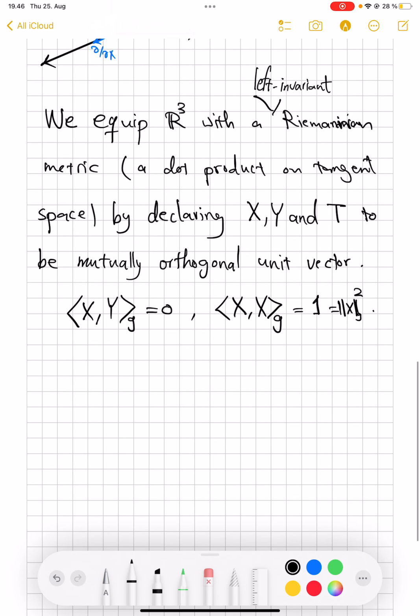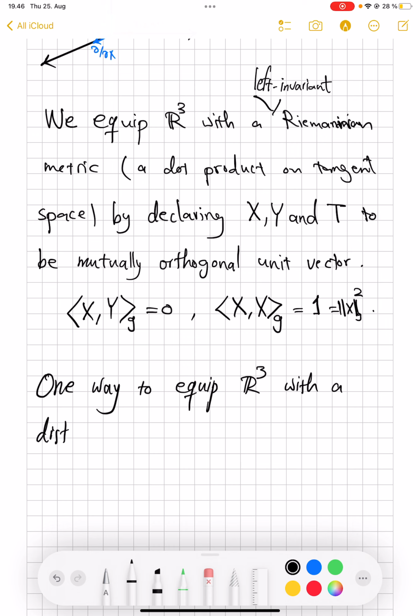Okay, so once you have a Riemannian metric, you can give a distance function. One way to equip R3 with a metric, with a distance function. So here metric is in the sense of a metric space. I have talked about this double meaning for the word metric. So here g is a Riemannian metric, but a distance function is also called a metric.